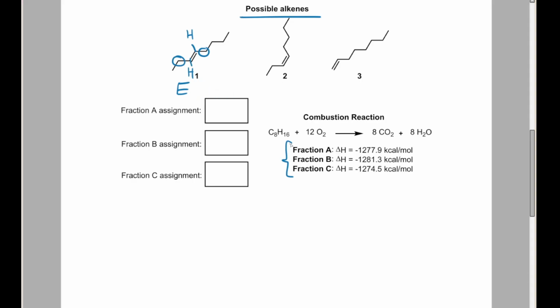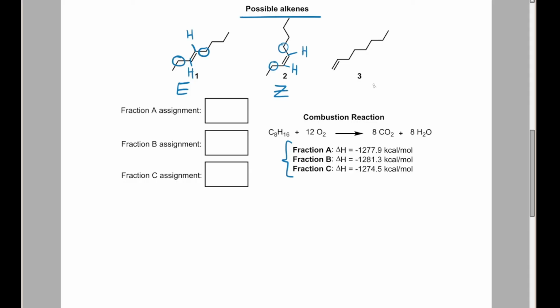Actually, never mind. For the second alkene, we can do the same process, and we know that there are 2 hydrogens bonded to each side of this double bond as well. And we know that these 2 high priority groups are on the same side, and that would be Z, which is the same side configuration.